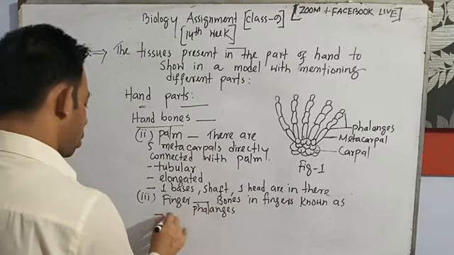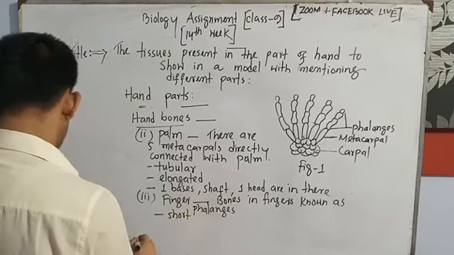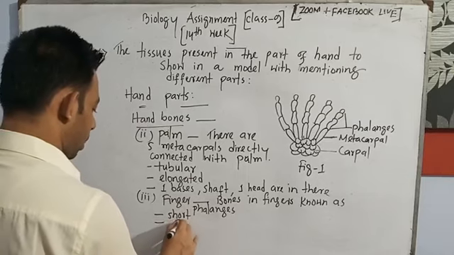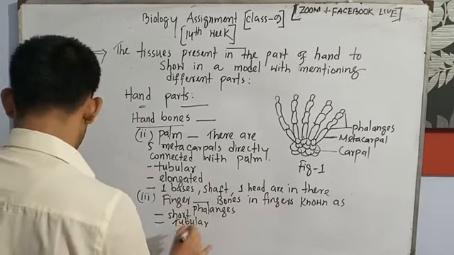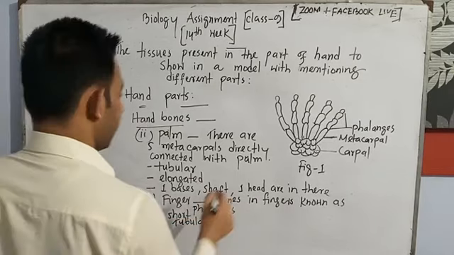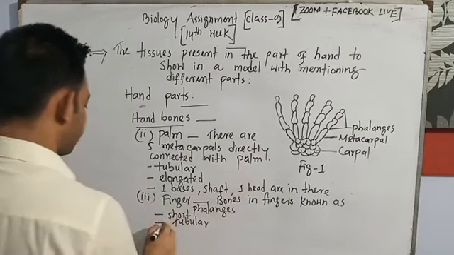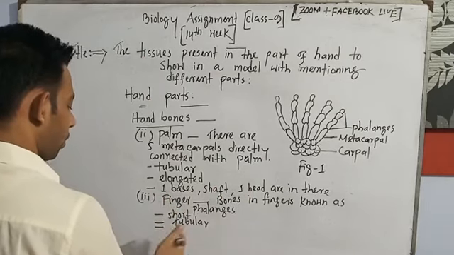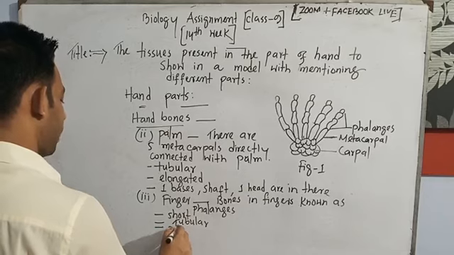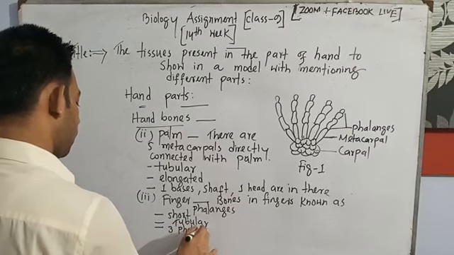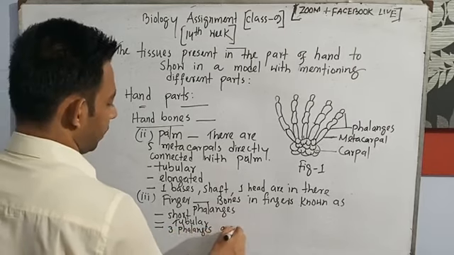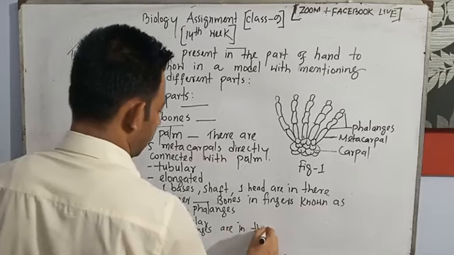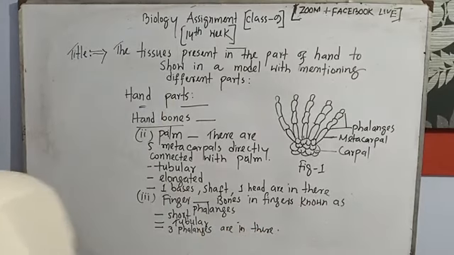These are short, tubular, and 3 phalanges are there. This is the part I have mentioned here.